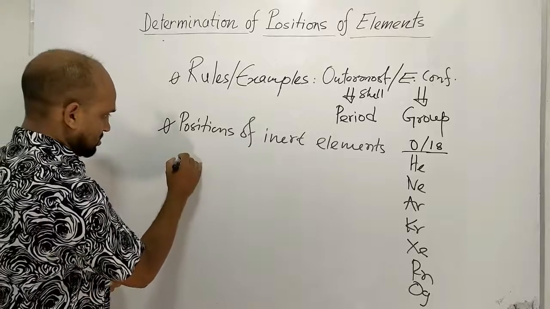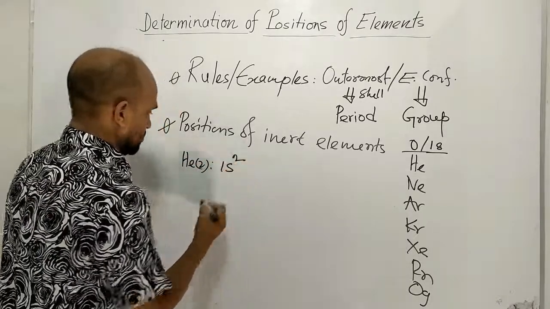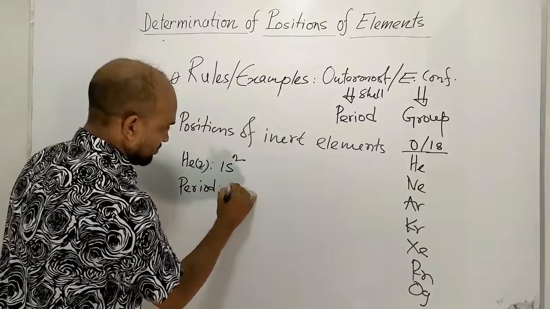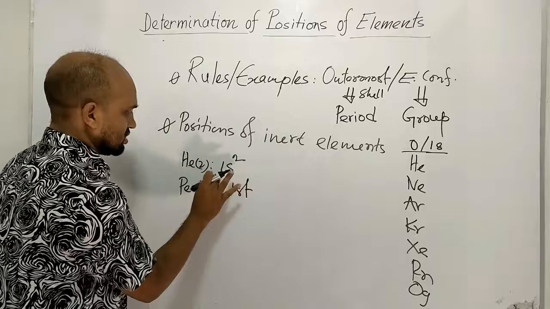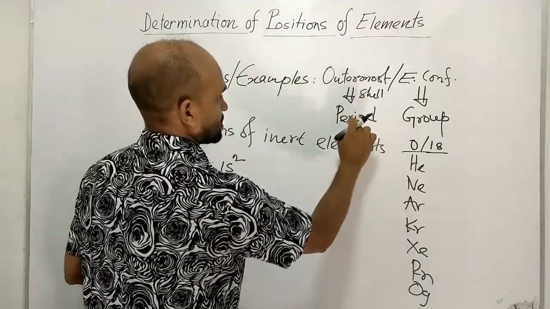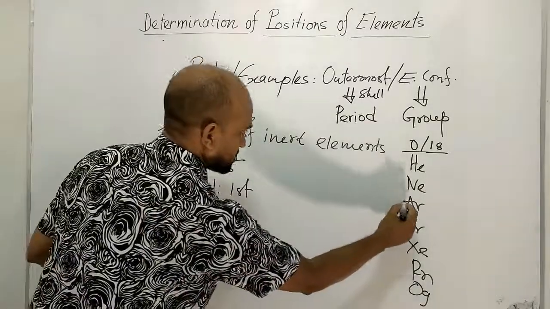Now let's see examples. Helium 2, 1s2. So its period is 1st period because its last shell is the 1st shell. Outermost shell determines period.